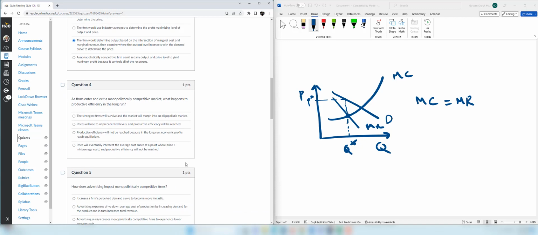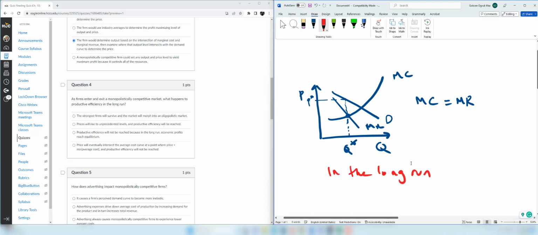Question number 4. As firms enter and exit a monopolistically competitive market, what happens to productive efficiency in the long run? So if you remember, perfectly competitive markets are productively efficient. The reason is that in the long run, we have this scenario.